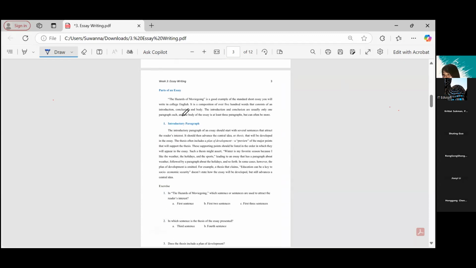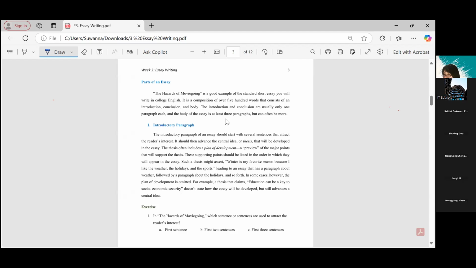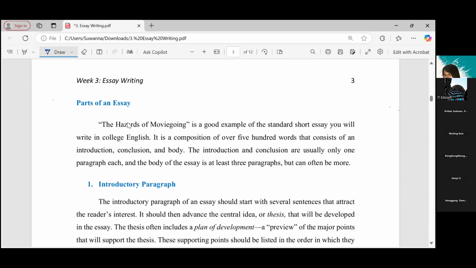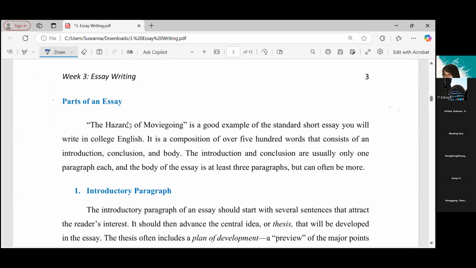Now, let us take a look in more detail, okay? We are going to break it down bit by bit, starting with the first part of an essay. This essay is entitled "The Hazard of Moviegoing," and as I mentioned here, it is a very good example of a standard essay.